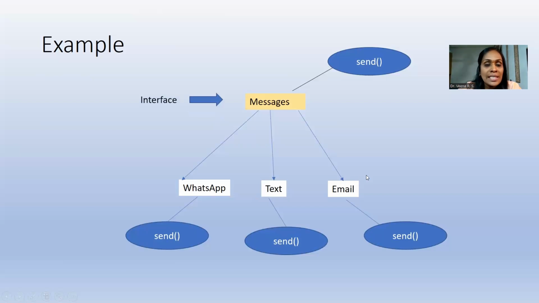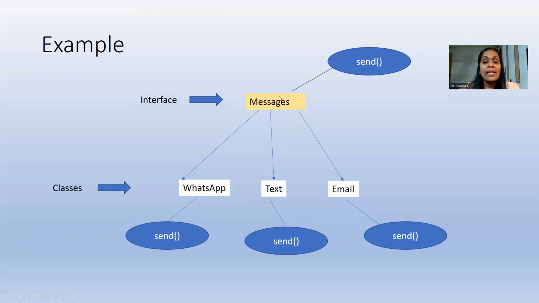So messages is an interface, whereas WhatsApp, text, email are nothing but what? Classes. So you will always send a message either via WhatsApp or via text or via email, but you will not be sending the message via messages.